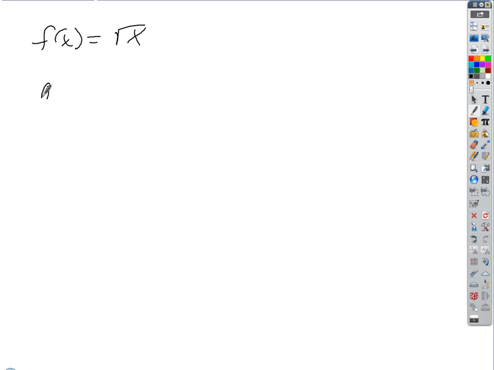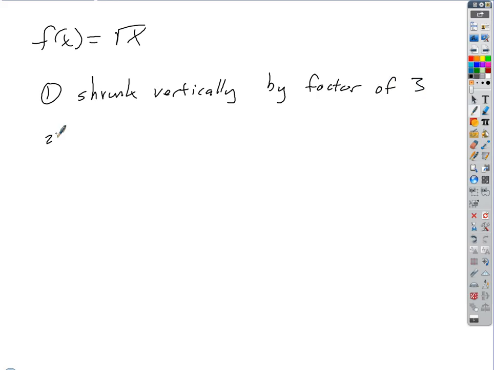First of all, I want it to be shrunk vertically by a factor of 3, and then I want it to be translated 3 to the left, translated 2 up, and then, yeah, let's do that.